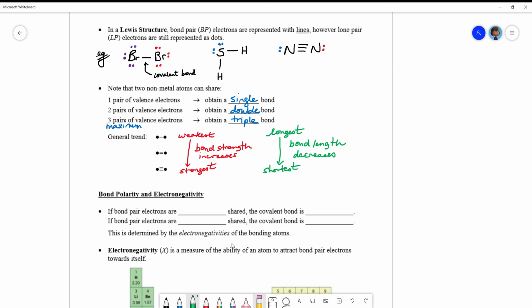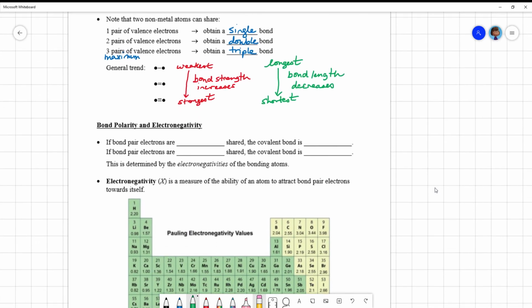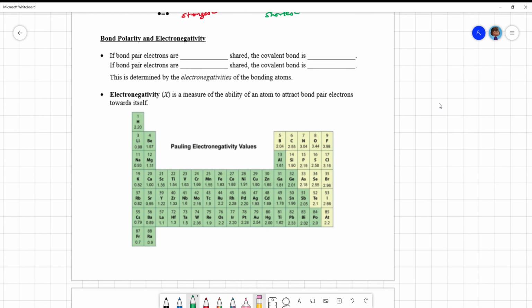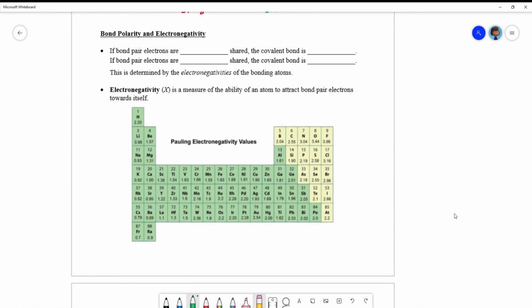The one last thing I want to talk to you about in this introductory lecture on covalent bonding is the issue of bond polarity and electronegativity. We know that bond pair electrons are the electrons being shared, but sometimes they're not shared equally.